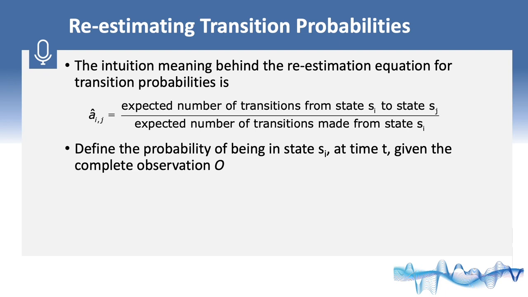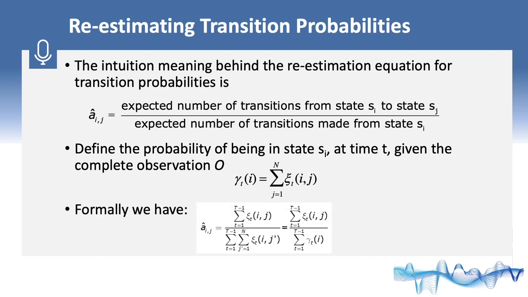Also, define gamma_t(i), the probability of being in state S_i at time t, given the complete observation O, which is just the summation of epsilon_t(i,j) for all the states j. Thus, we have transition probabilities a_ij equal to the summation of epsilon_t(i,j) divided by the summation of gamma_t(i) over time t.